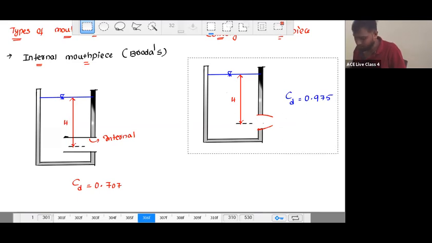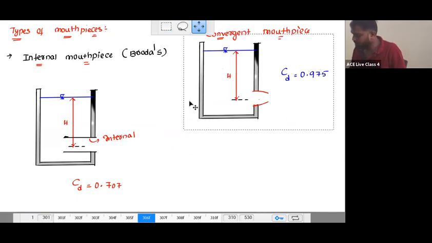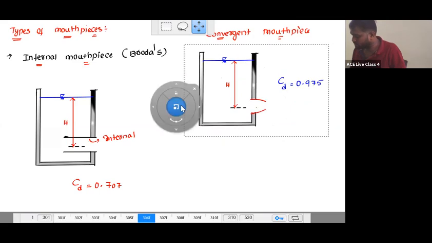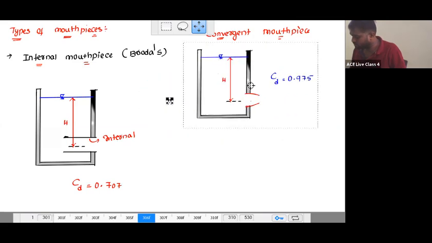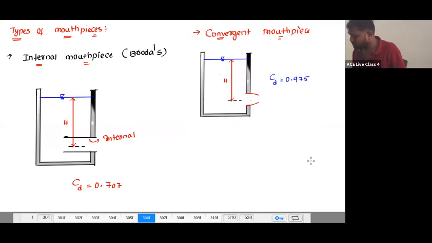And there is one more thing known as the divergent mouthpiece.